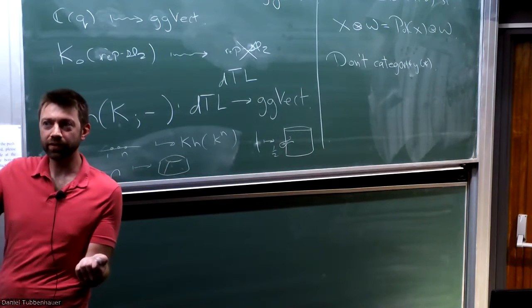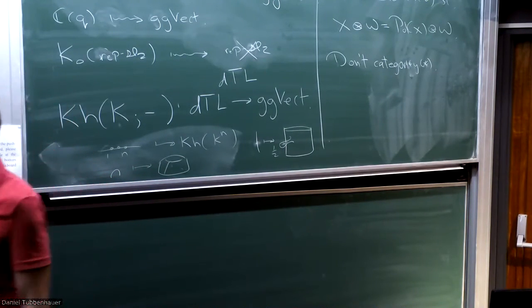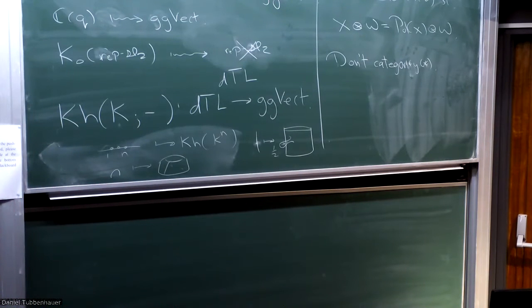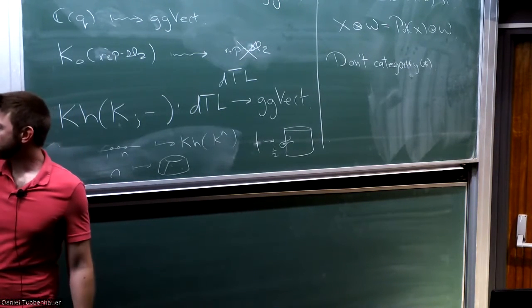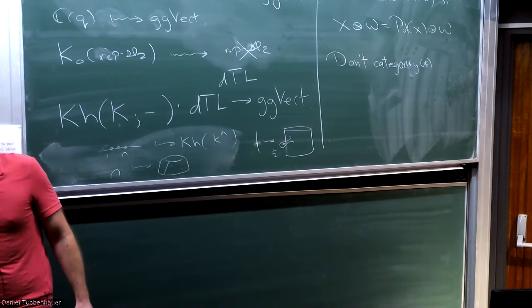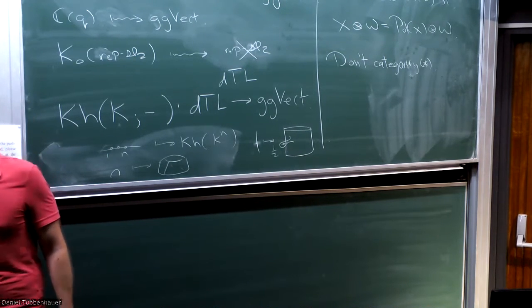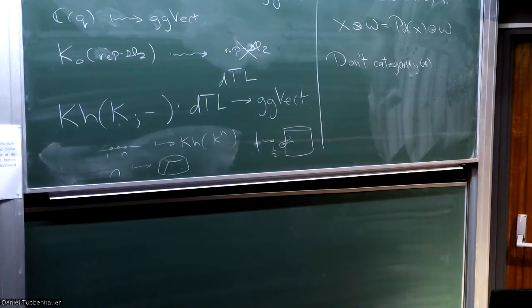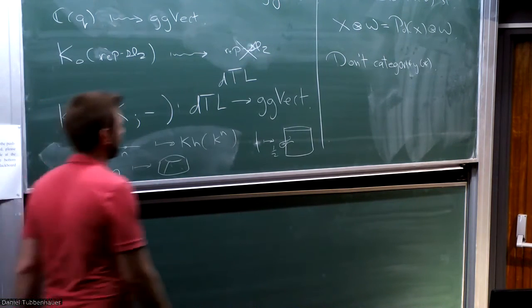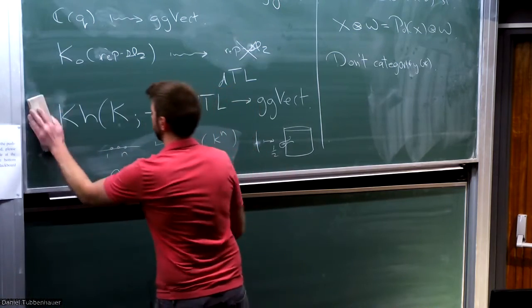So I want to define the Kirby color as an infinite symmetrizer, like a P sub infinity. But I need to direct the system so that I can take a limit. That's what we're going to do next.